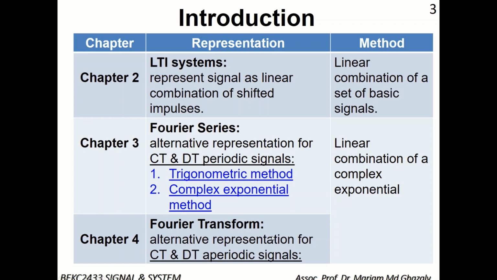The difference is that Fourier series is for periodic signals, and Fourier transform is for aperiodic signals. Both chapter 3 and 4 use the method of linear combination of complex exponentials.